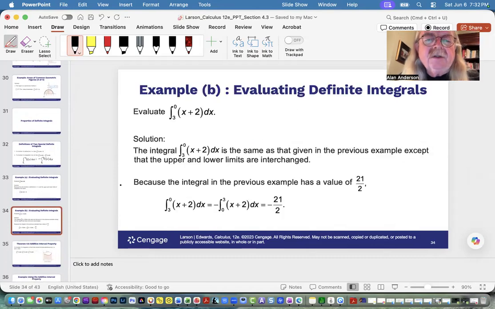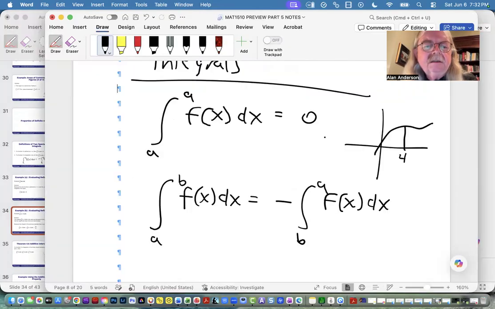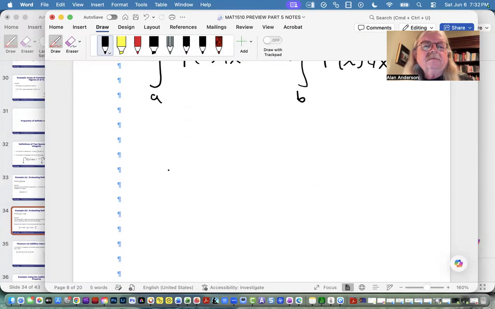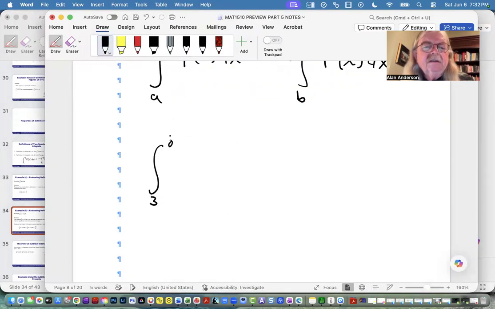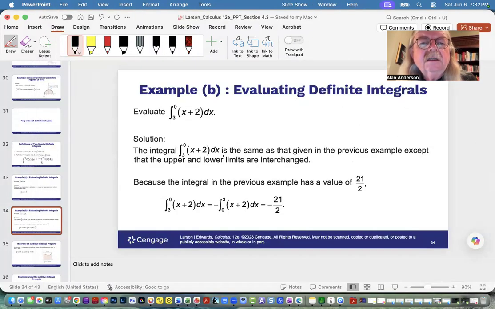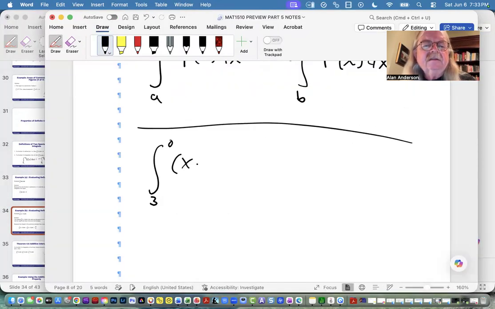All right, let's try this one because it will provide us with a negative result. I think they want us to see that. 3 to 0, x plus 2 dx.